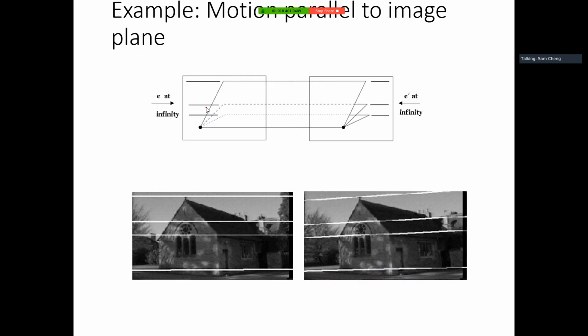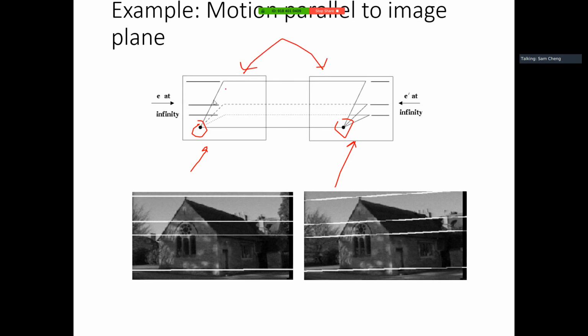This is another possible setup, the setup we had at the beginning. We have two cameras exactly parallel, shooting directly to the front. In this case, the baseline connecting the two camera centers will not intersect the image plane.